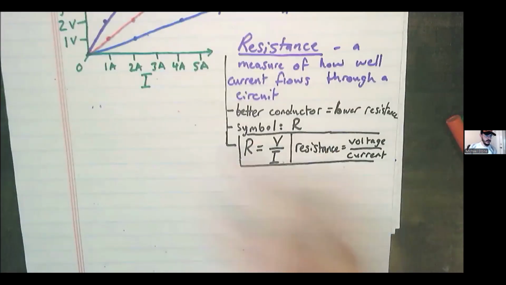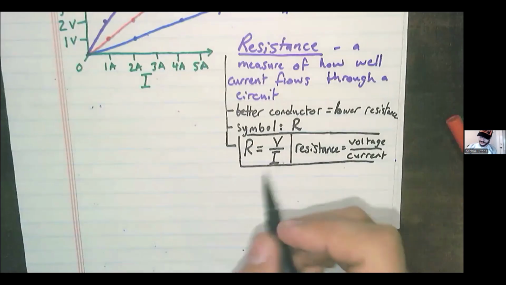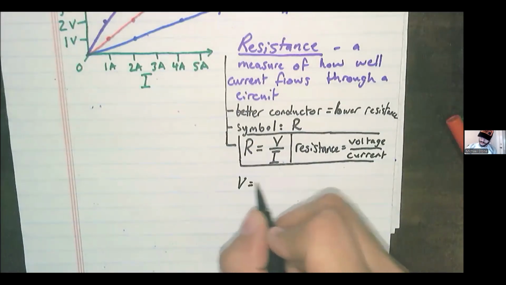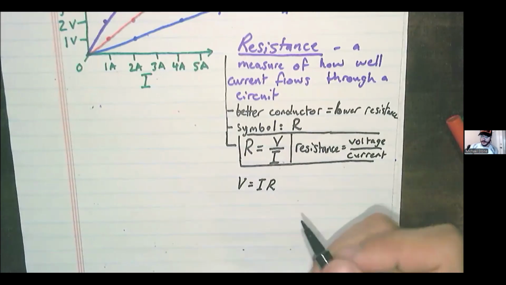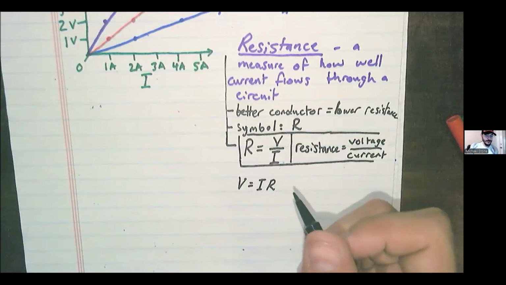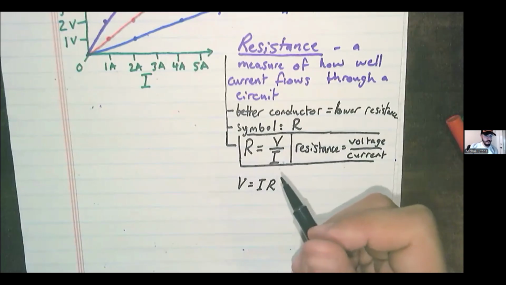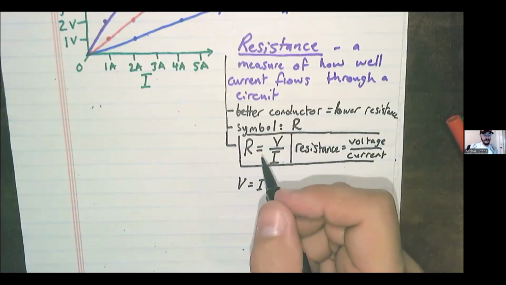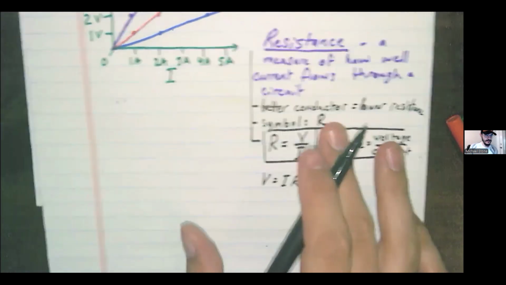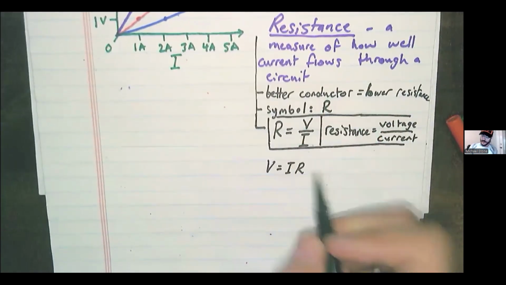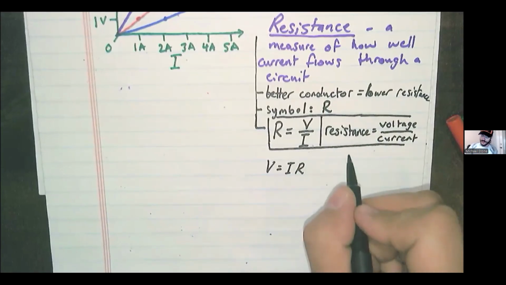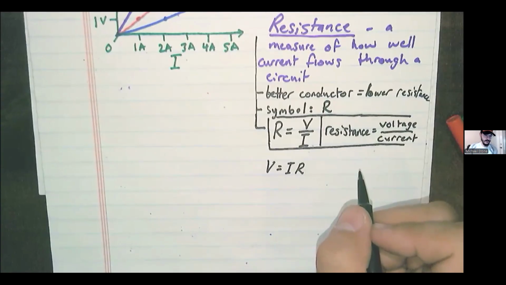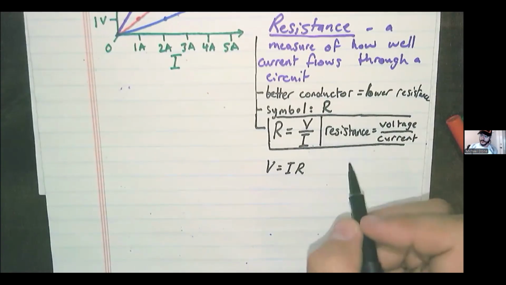Now, of course, you can algebra this any way you'd like. V equals I times R is an extremely common way to write it. It's kind of like Newton's second law, where force per mass equals acceleration makes the most sense to me, but F equals m times a seems to be the version of it that got into the zeitgeist. Well, V equals I R is probably the most common way you see this written, and may or may not be how it is written on your equation sheet.